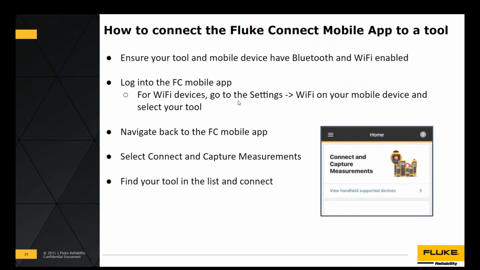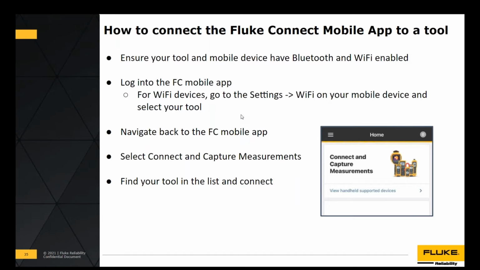First, we want to make sure that our tool has the Bluetooth or Wi-Fi enabled. Depending on what tool you have, you want to confirm whichever one is turned on. Then we'll want to log into our Fluke Connect mobile app.